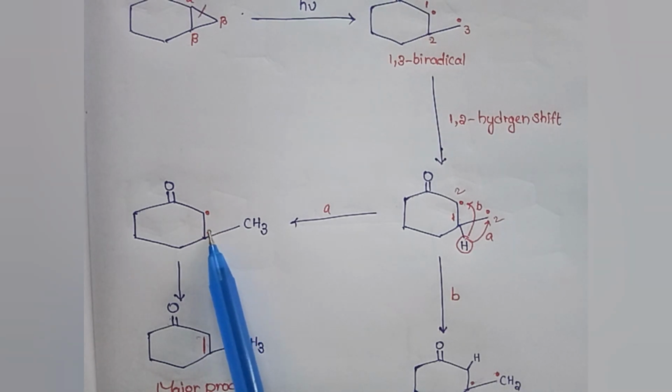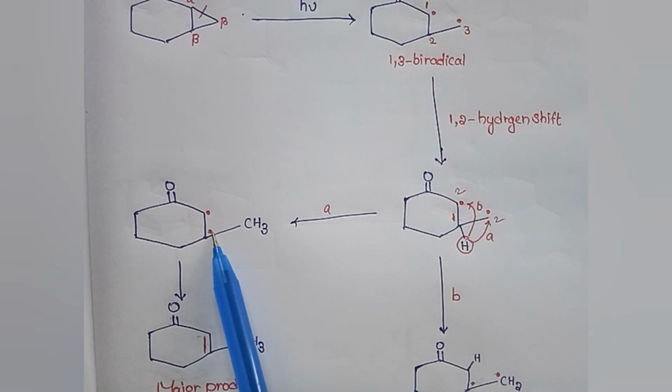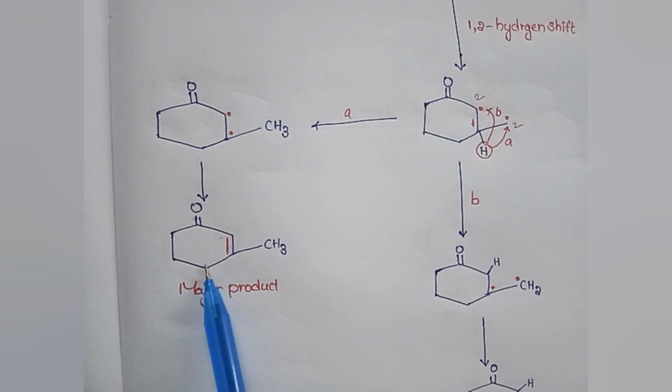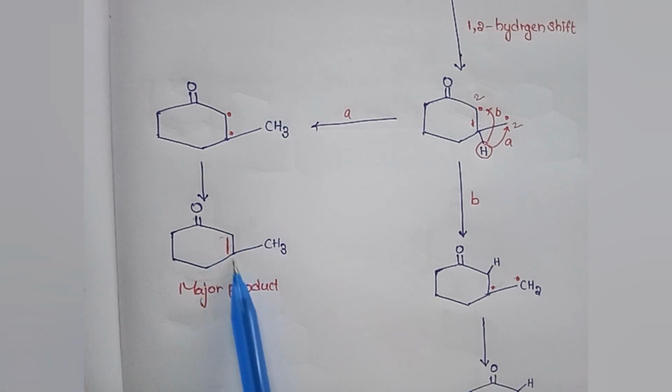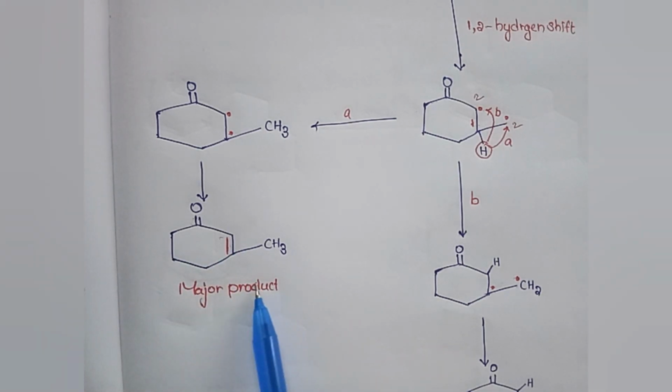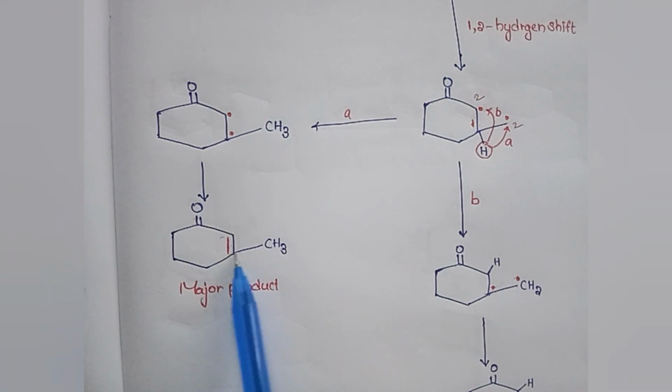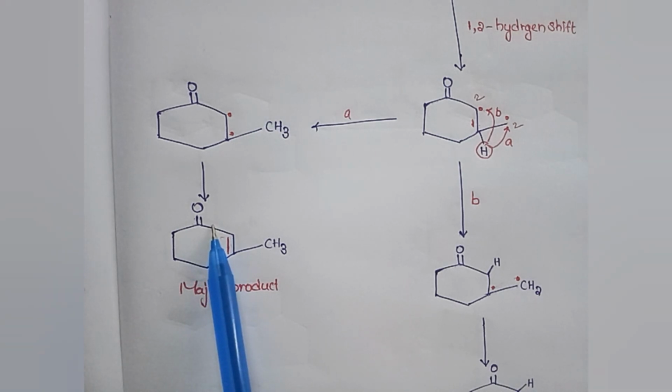As a result of which, a new radical is formed here. This radical and the already present radical will together form a bond. So we will get a bond between these two carbon atoms. This is a major product because here is the double bond and then there is a single bond and then there is a double bond.